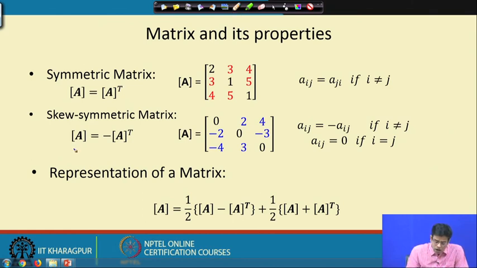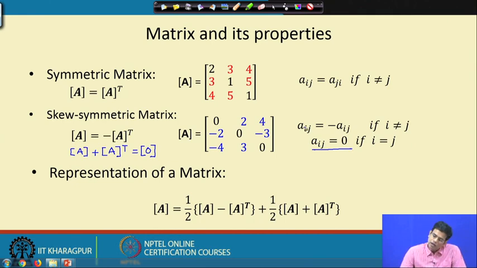if you write this equation carefully, then you will see that A plus A transpose is a 0 matrix. So, if you take this A transpose to this side, then A plus A transpose is 0, which finally results in all diagonal elements having to be 0, right.